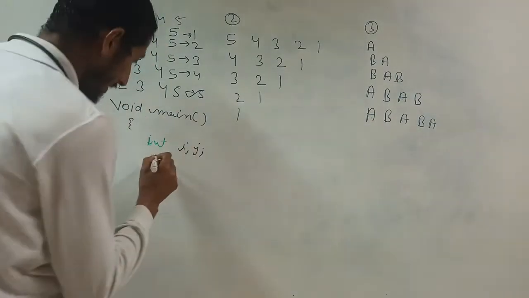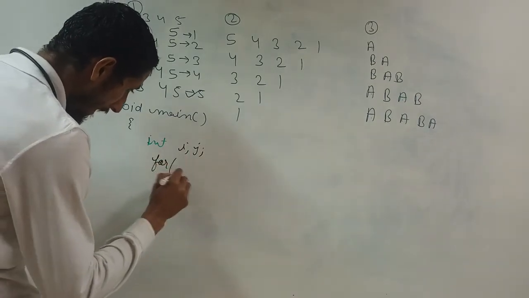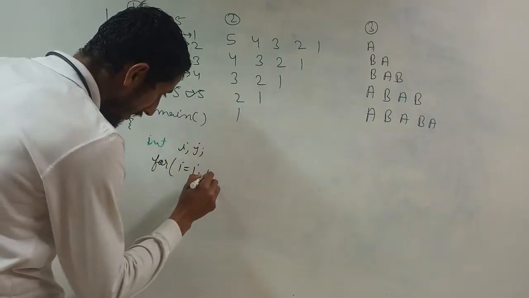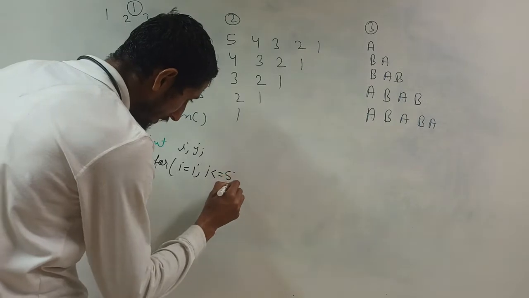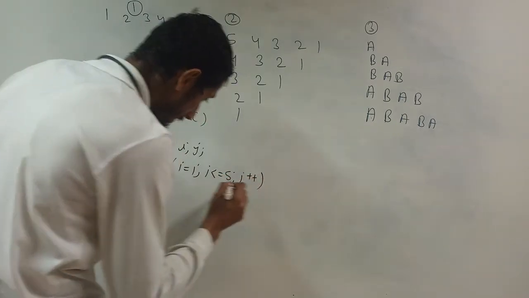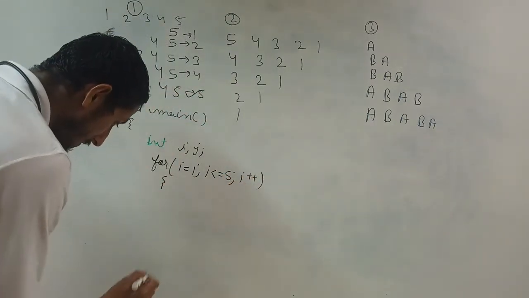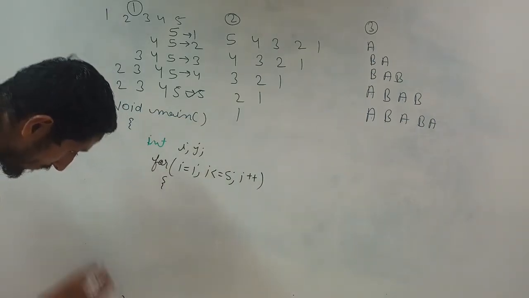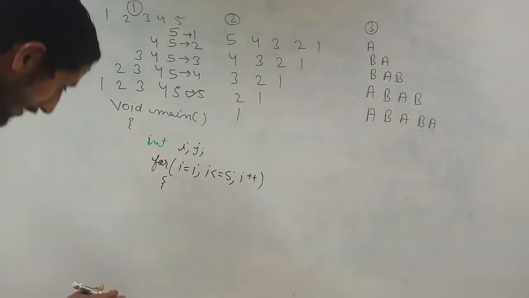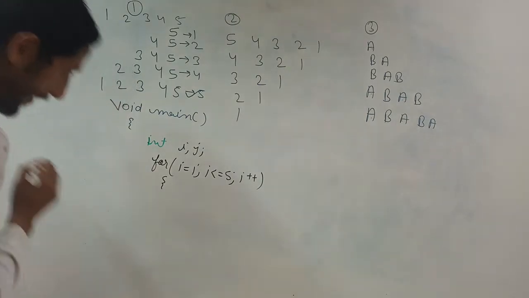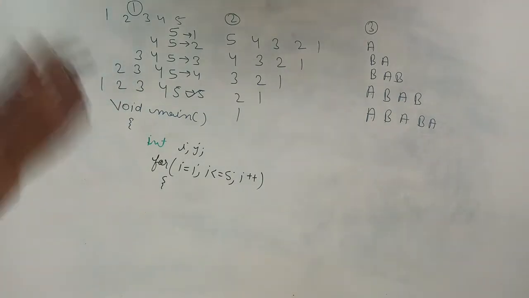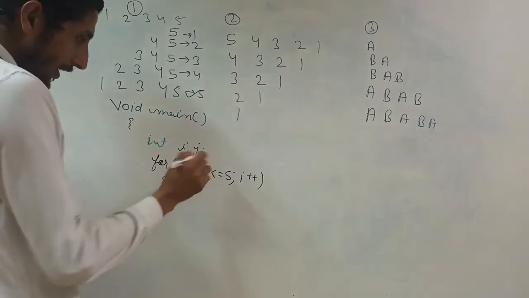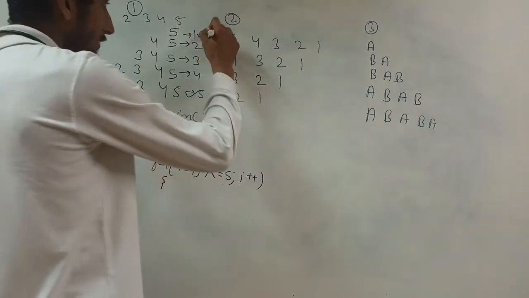I am writing here: for (i = 1; i <= 5; i++). That is the for loop. What I have done is applied the loop 5 times. Why? Because I have 5 rows.